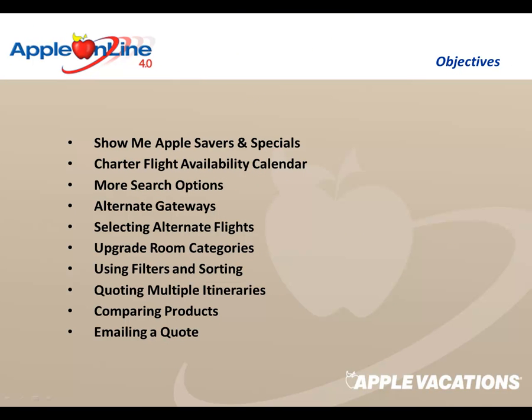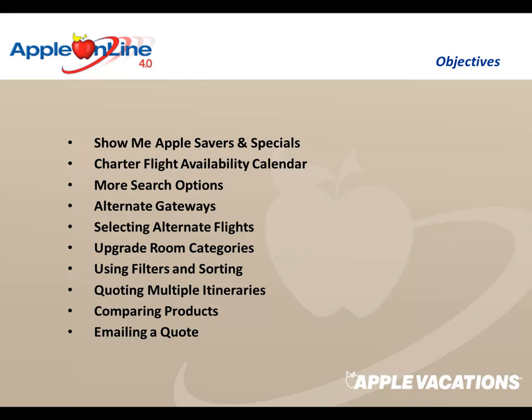So this is it. This is where you will get to see all of the new and user-friendly shopping enhancements. Now we will do some jumping around throughout the shopping process in this presentation, but along the way, we will cover the Show Me Apple Savers and Specials function, also addressing which packages qualify.